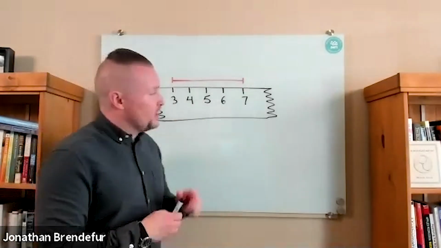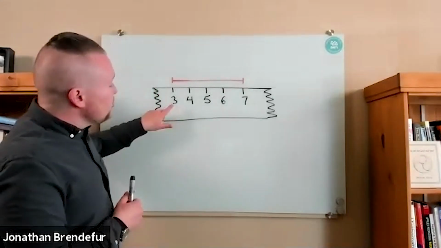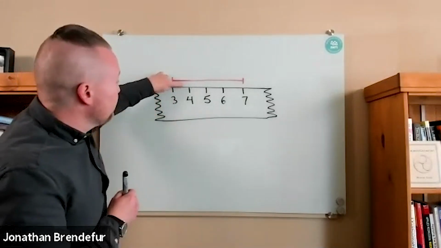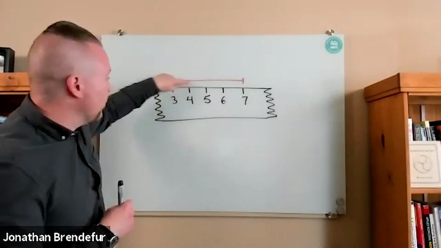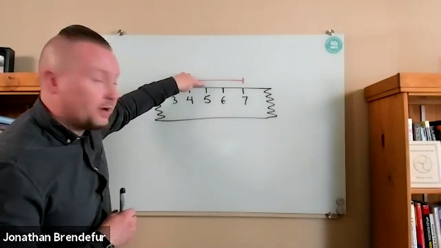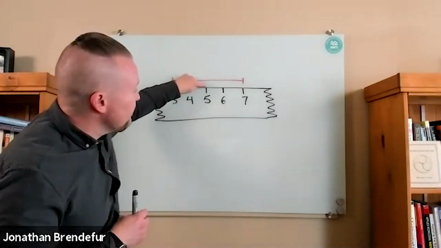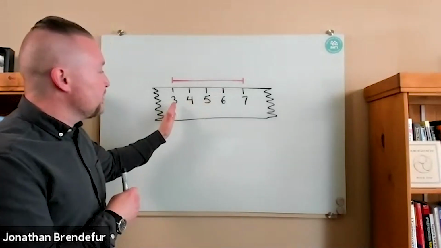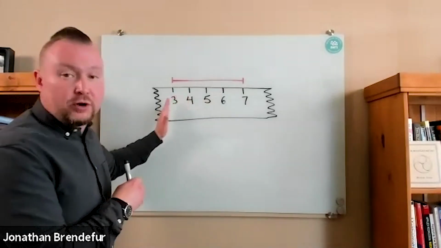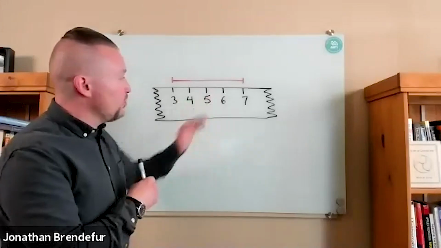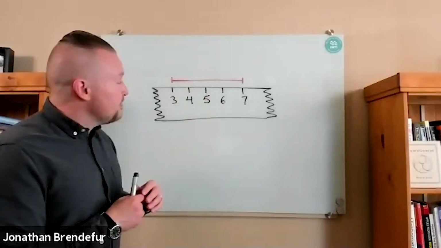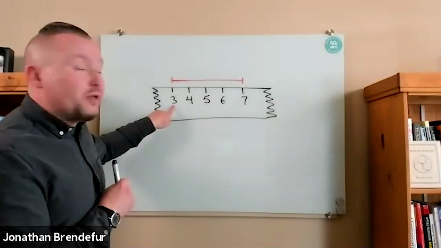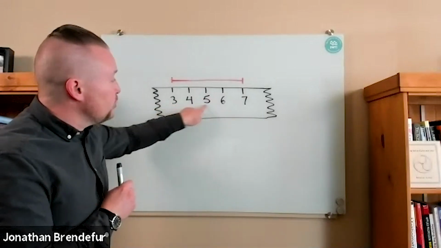Another way to help is to make sure that as they count, we say things like 3 and 1 more, that's 4. 3 and 2 more, that's 5. 3 and 3 more, that's 6, and so on. That reference point of starting at 3 and counting 1 more, then 2 more, then 3 more will really help, because if you just keep going on and on from where you started, they don't tend to think 3 and 2 more.